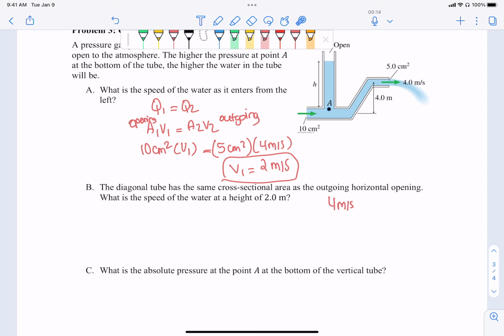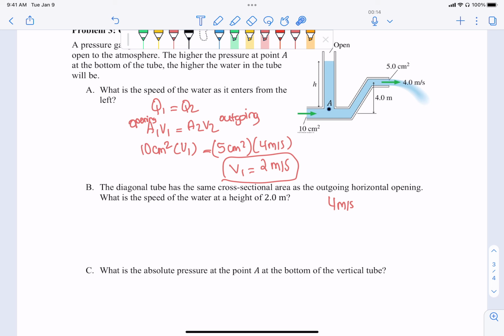If I didn't know this value, if I just knew that I came in at 10 centimeters squared at a speed of 2 meters per second, and then I'm asked what's the speed at a height of 2 meters or 2.5 or 2.3 or whatever, it doesn't matter what height they're asking me for, because as long as the cross-sectional area is the same, that speed is going to be the same.